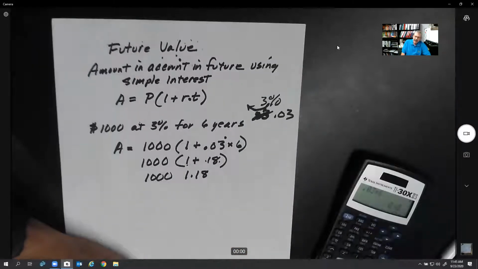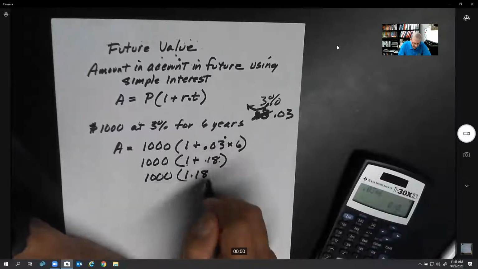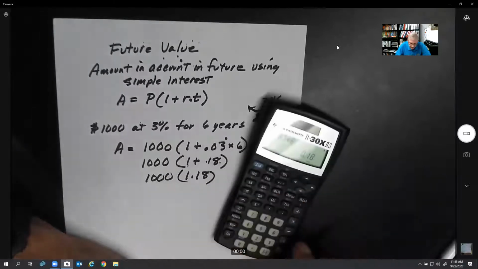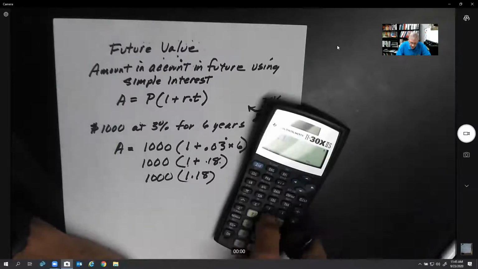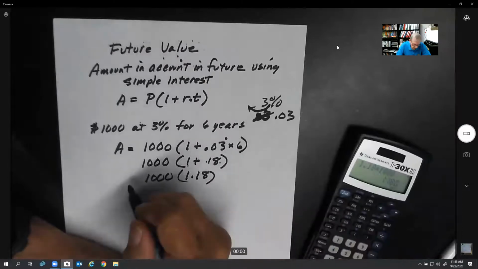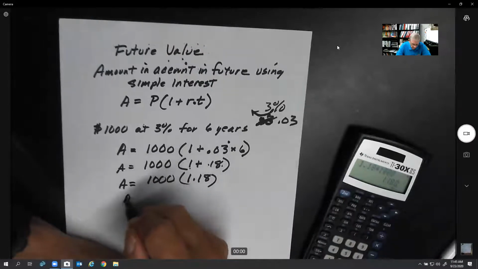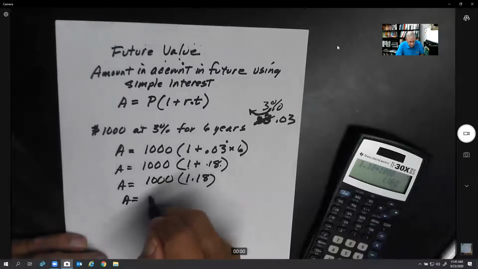Finally, 1.18 times 1,000 equals $1,180. That's the amount coming back to you after 6 years.